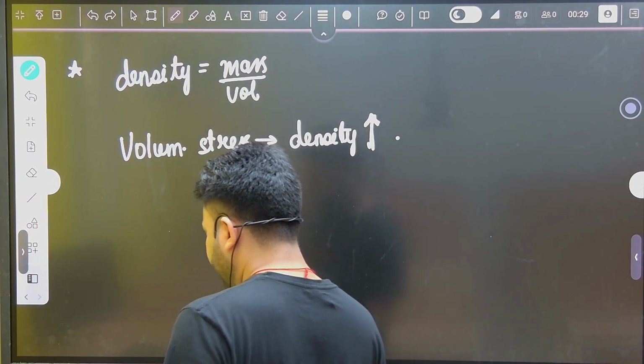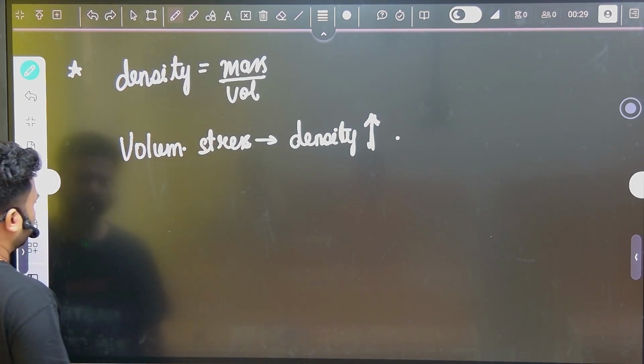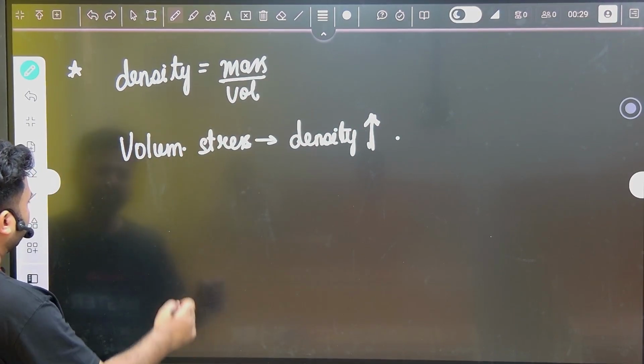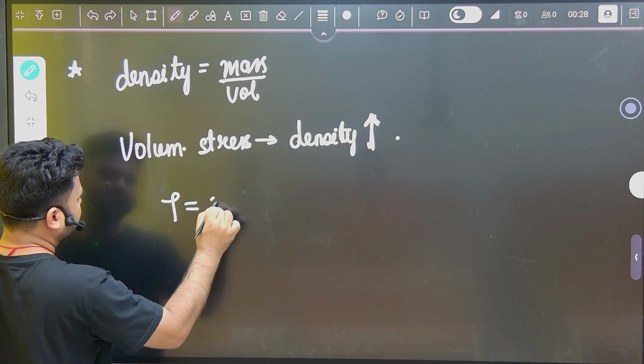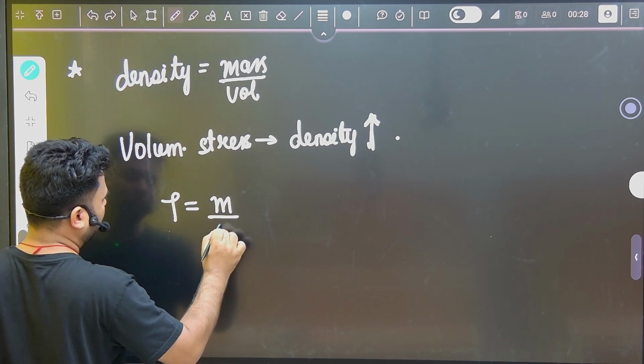Suppose they ask what will be the final density? See, density formula again I am writing. This is the symbol of density. Density is mass by volume.